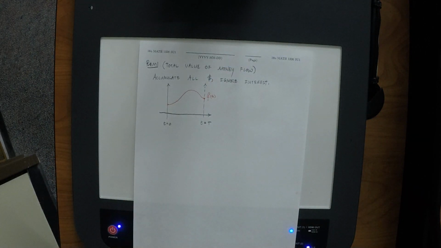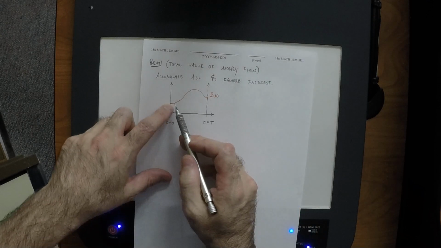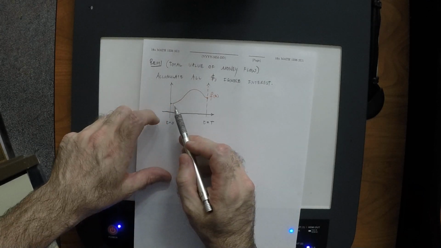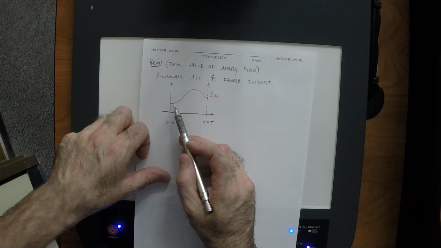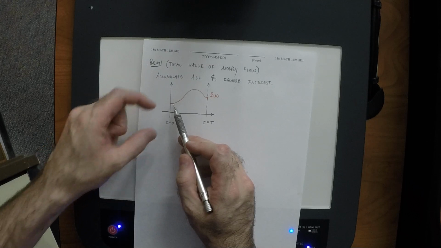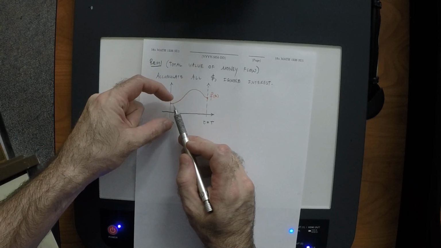All right. So what this red means, the fact that it's positive right there, means that you're making money at that time. So you're making some money by virtue of that being positive.